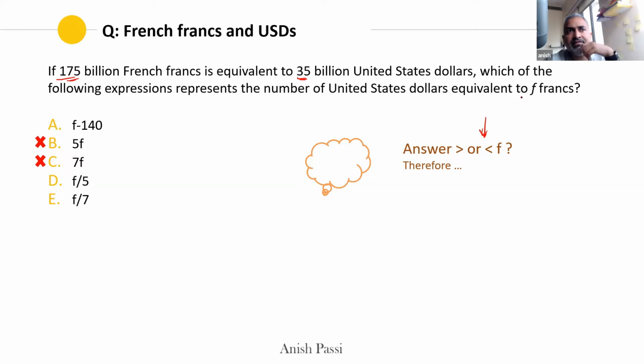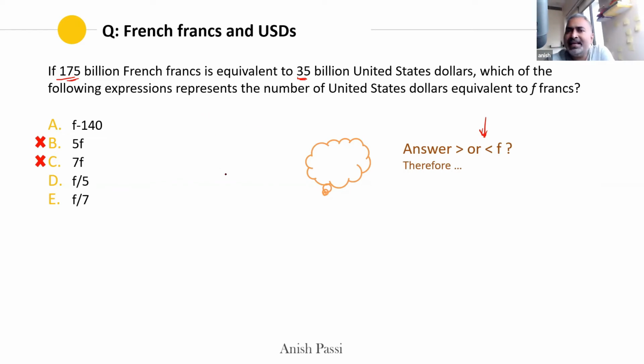So I knew that if I give F francs, the number of dollars will anyway be less than F. Even if you're not from India, or if you are from the US and only know about US dollars, I'm sure you still understand how other currencies work. So associating the problem with what we know about the real world really helps, instead of treating these things as isolated mathematical problems.